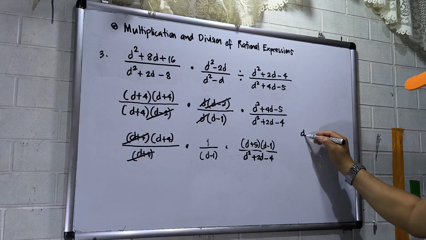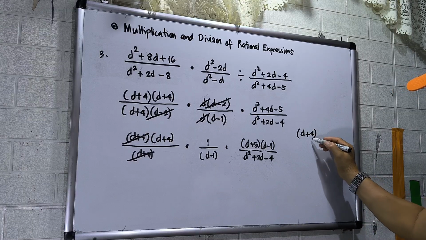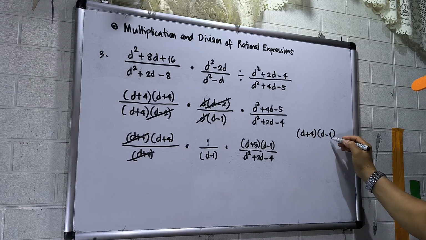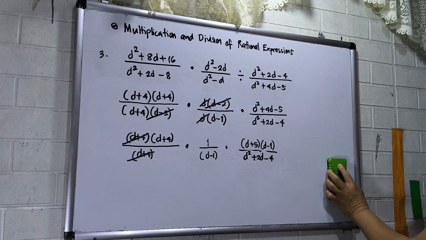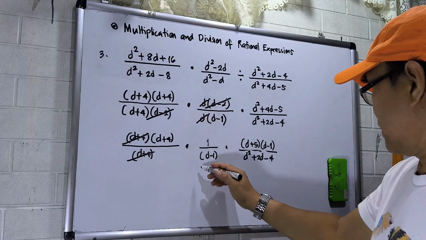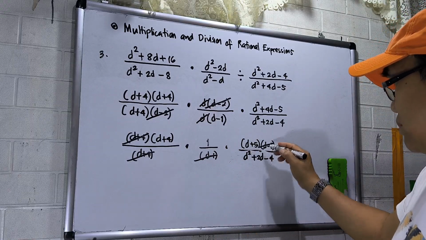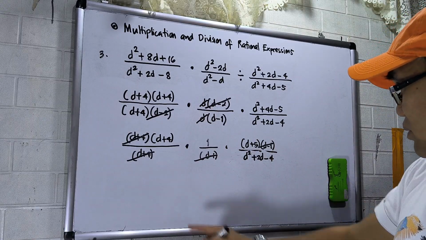So let's say d plus 4 then d minus 1? No, it should be just copy the denominator. So d minus 1 cross out. Then how about d plus 4?